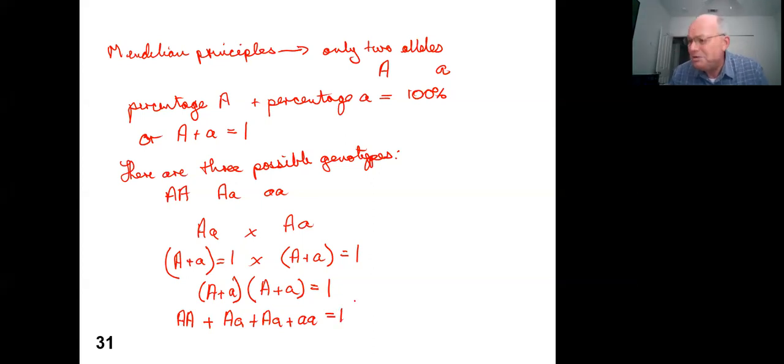But now we can reduce that equation a little bit further, and it becomes big A squared plus 2 big A little a plus little a squared equals 1.